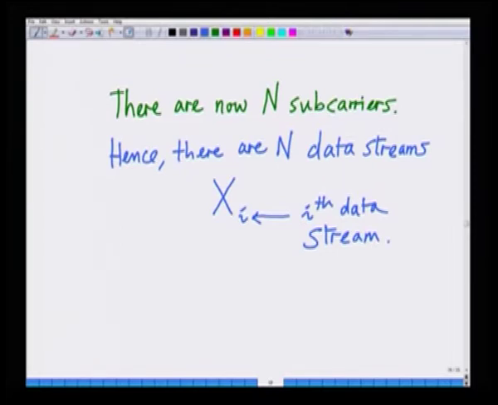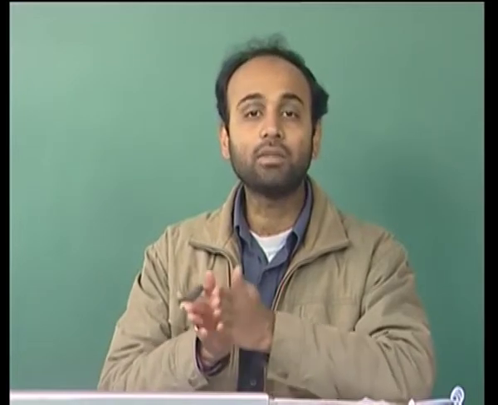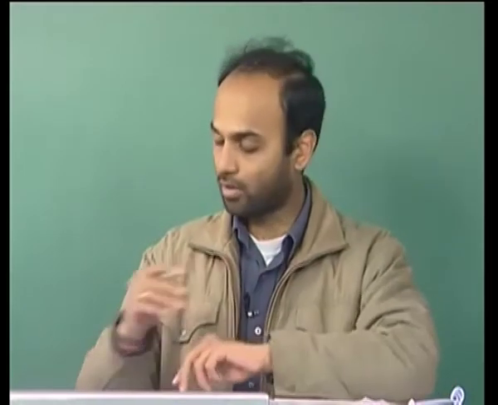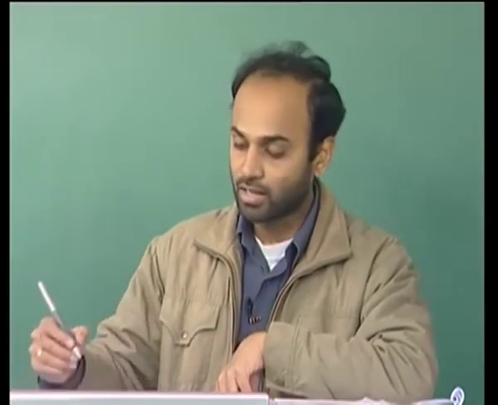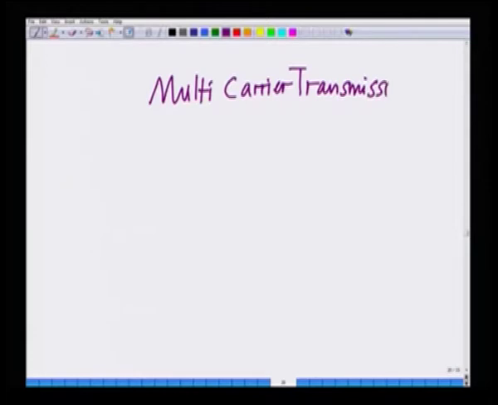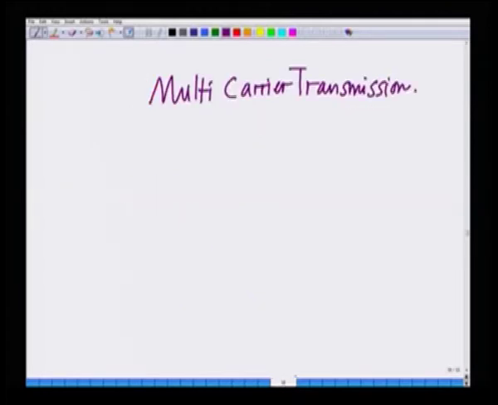So, now how does multi-carrier modulation work? I mean, how do we transmit the signal? We simply sum up these signals corresponding to these n modulated data streams and transmit them together. So, in multi-carrier transmission, we have si of t, which is the ith transmitted stream.